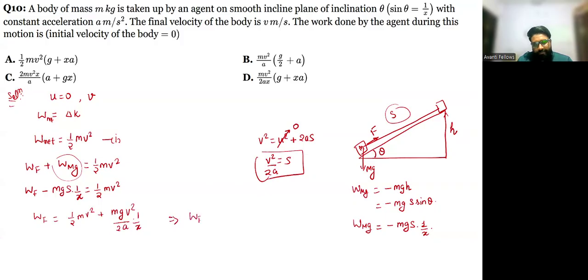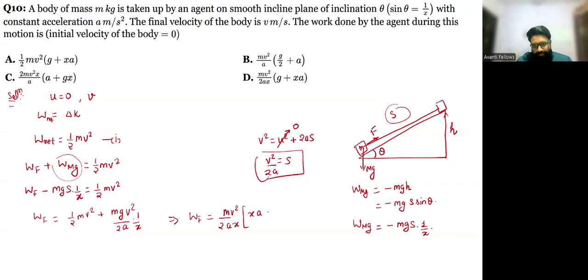Now you can take the commons. So work done by F is equal to, you can take 1 by 2 times mv square as common, and you can take a and x also as common. So the half mv square has gone. The only thing remaining is ax.